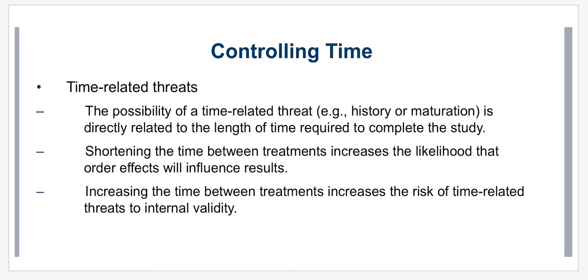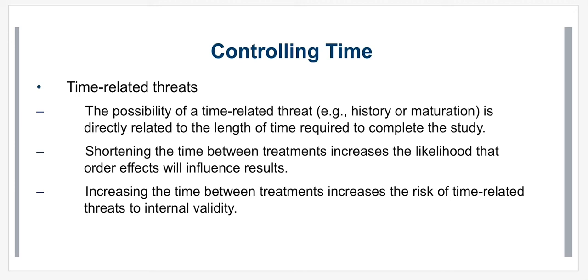It depends on what effects you're most concerned about. Depending on what variables you're studying, there are certain effects, whether time-related or order effects, that you're more concerned with affecting your dependent variable. Whatever effects are more likely to impact your dependent variable, those are the ones you want to control and adjust for.